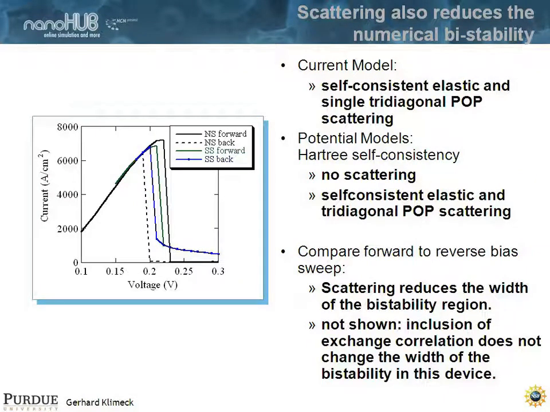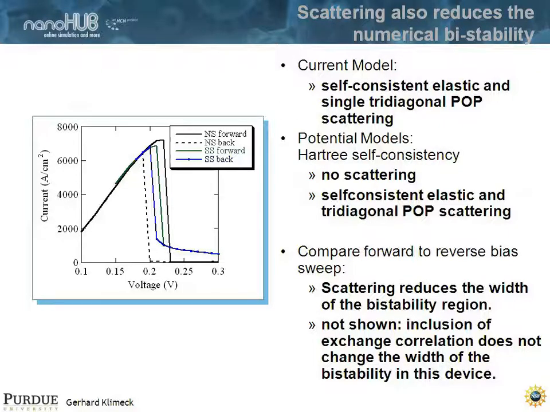Another effect that reduces bistability is scattering. If you're moving forward in one bias direction, you get slightly different results than going in the other bias direction. That again has to do with this picture of filling states. And if you have a way to fill lower lying states, that means you fill them, they pop up into a sea of electrons, and they're not depleted of charge.